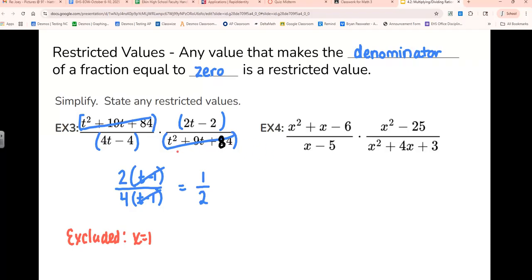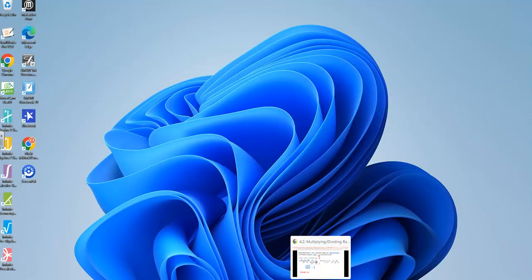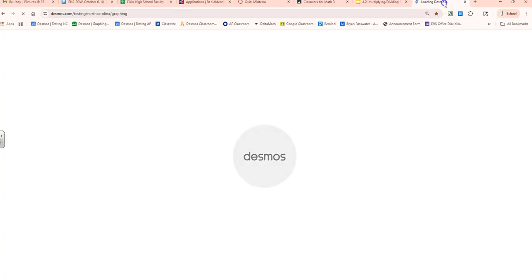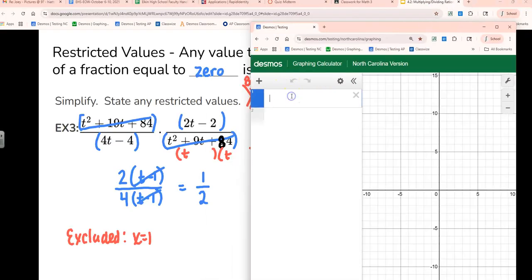So if I factor this, I need to multiply to get 84 and add together to get 9. I'm going to have to pull out the Desmos on that one. Maybe it's 6. Let's see if we can find that one.